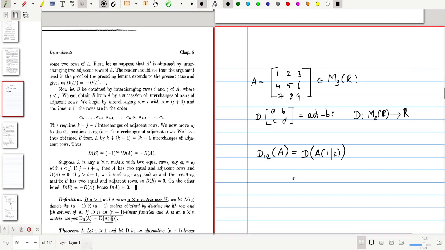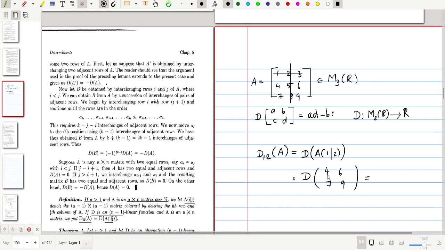That is the D value of the matrix obtained from A by deleting the first row of A and the second column of A. So the matrix obtained by deleting these, we get the matrix 4, 6, 7, 9, and the D value is 36 minus 42. 9 fours are 36, and 6 sevens are 42. So this will be minus 6, right?